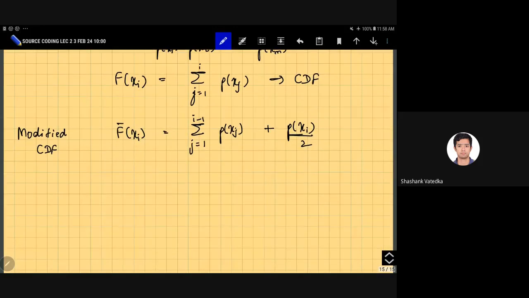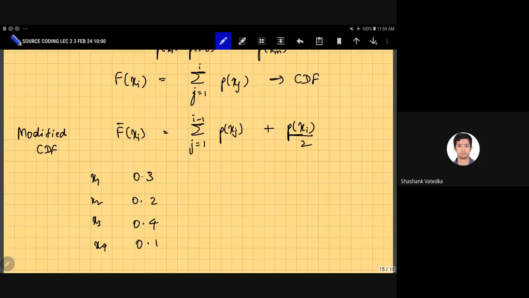All right, so let's take an example. Let's say that I have 4 symbols, x1, x2, x3, and x4, and the probabilities are 0.3, 0.2, 0.4, and 0.1. Right?